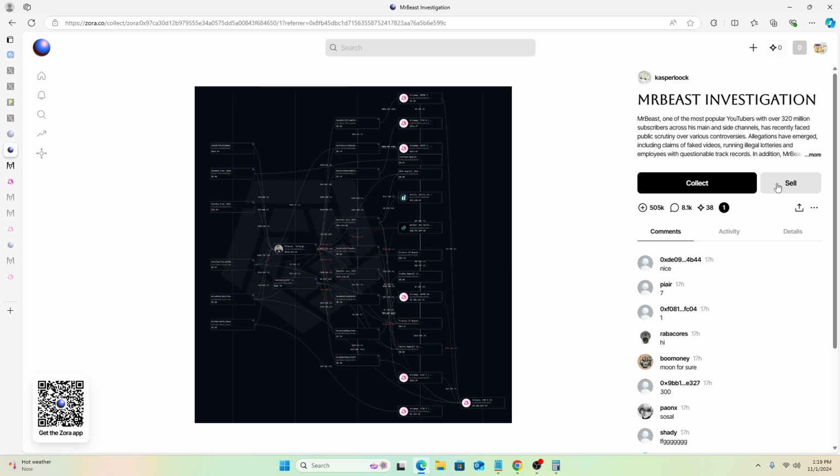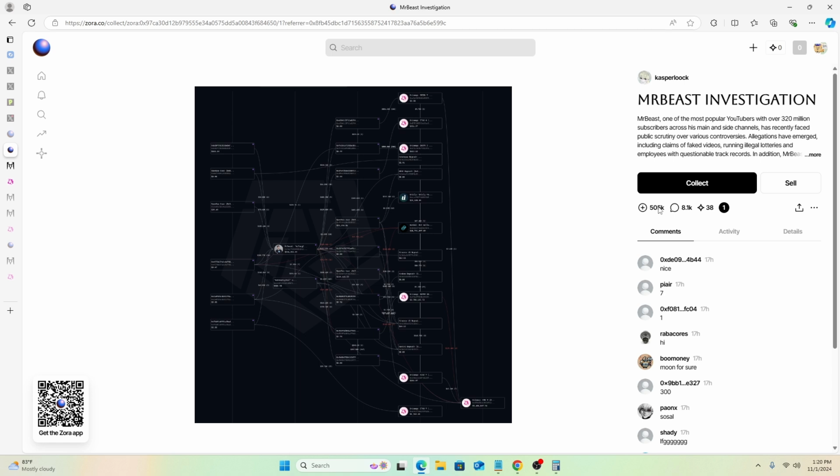Now, I did mint this, even though it had many mints. People think that it could not do well, but I believed that it could. It's just that I made a mistake. I didn't take note that it was on the Zora chain. If it was on the Base chain, I believe this would have fared well. Even though there are 500 mints, the market cap will not start very high.